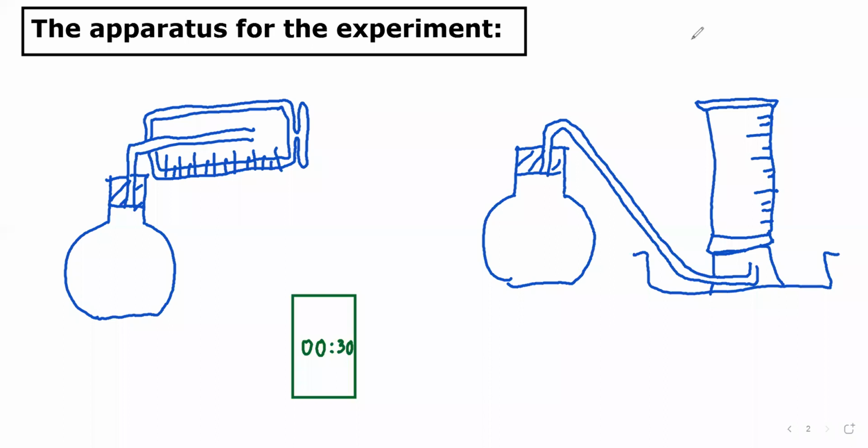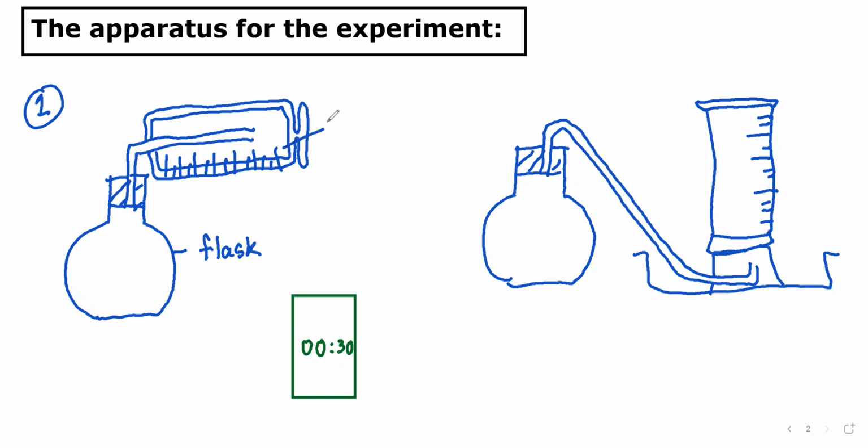So yes, here we have the apparatus that we will be using for the experiment. At the first apparatus that you see, what do we have? Here we have the flask. Yes, in the exam, you will be required to name it. It is also called a flat bottom flask; round bottom flasks can also be used. Even if you name it flask, it will be fine.